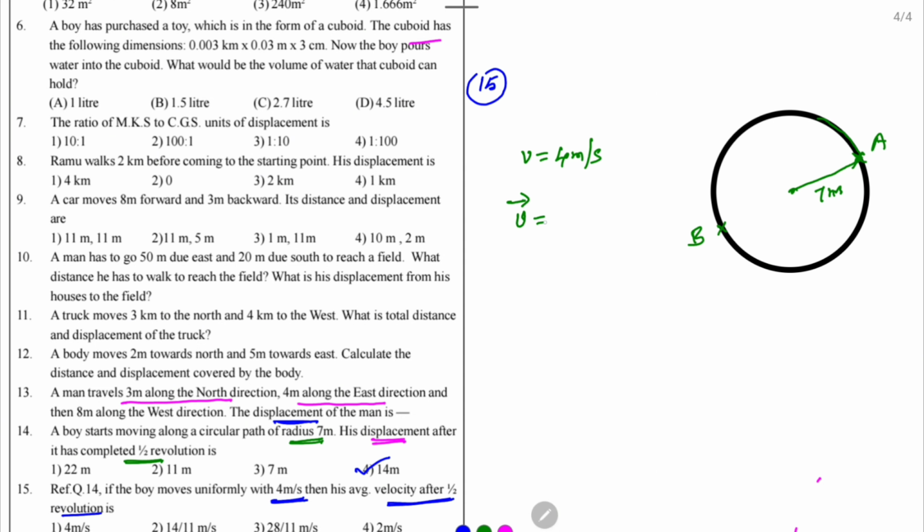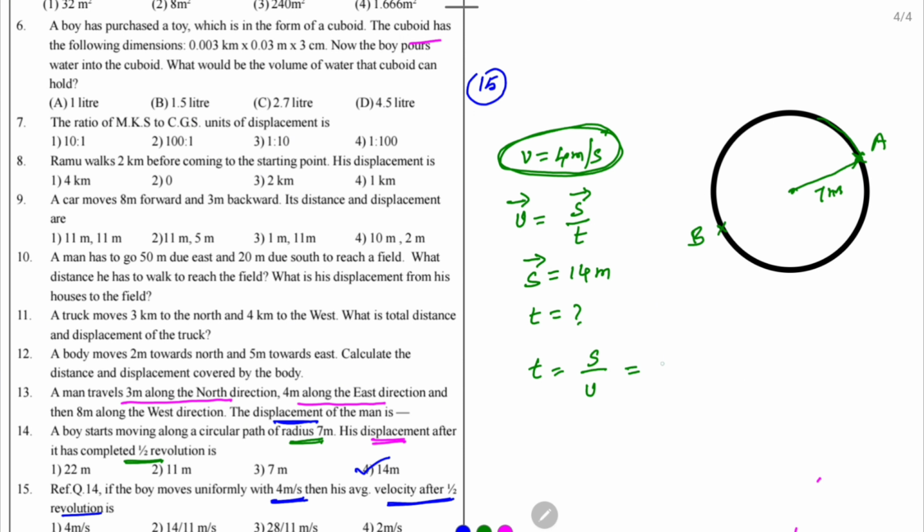So average velocity is nothing but displacement over time. So here displacement is equal to 14 meters. Already we have calculated it in question number 14. So we have to find the time. That's the trick here. To calculate time, we are going to use this speed, right? So time is equal to distance traveled divided by speed.